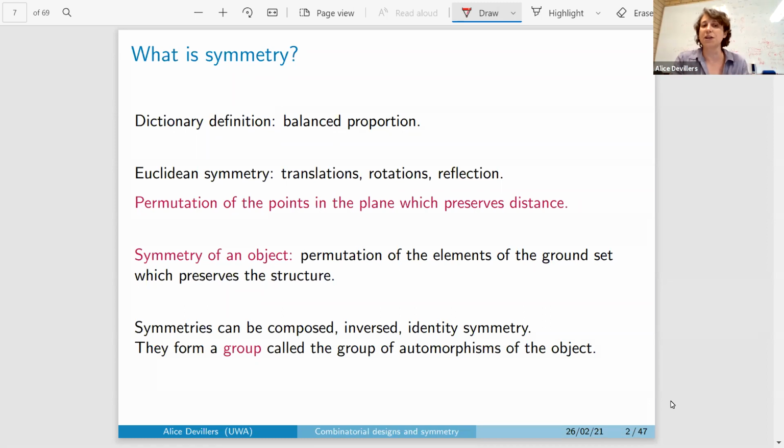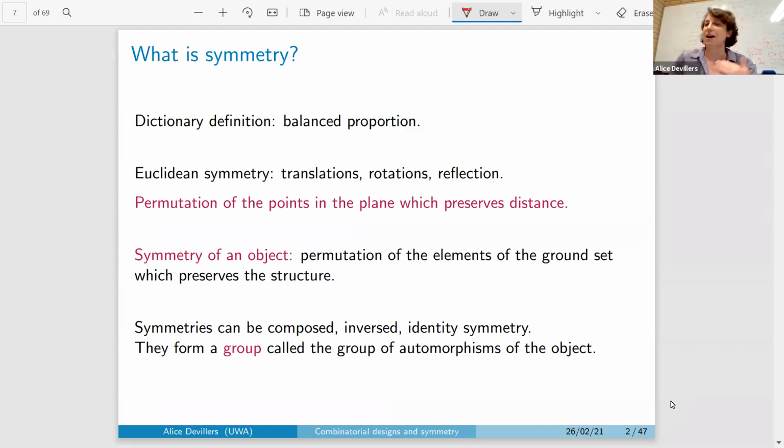Once you have symmetries, you can compose them and you can inverse them. You have the identity symmetry, which is when you don't move anything. So it's also a symmetry if you do a permutation that doesn't change anything. And all of these together satisfy the axioms of what's called a group. That's called the group of automorphisms of the object.